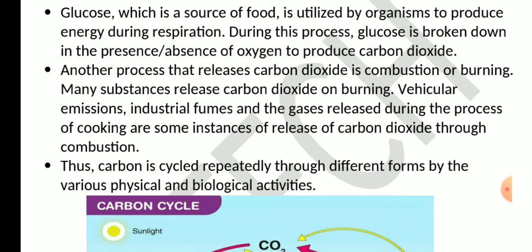Another process that releases carbon dioxide is combustion or burning. Many substances release carbon dioxide on burning. Vehicular emissions, industrial fumes, and the gases released during the process of cooking are some instances of release of carbon dioxide through combustion.